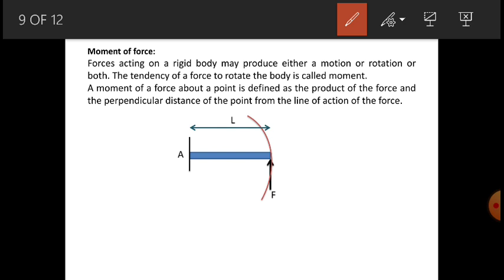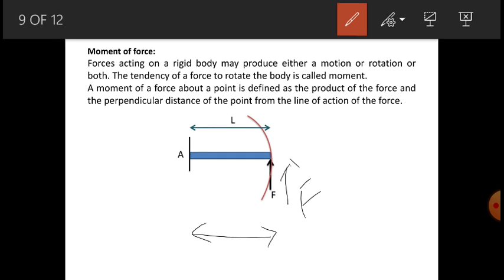And how to find out the magnitude of the moment? We are applying the force F here at the free end. We know the distance.